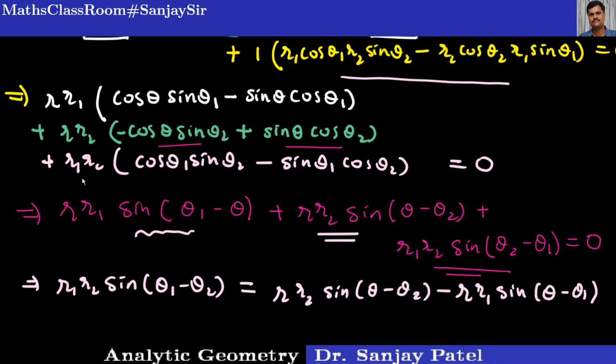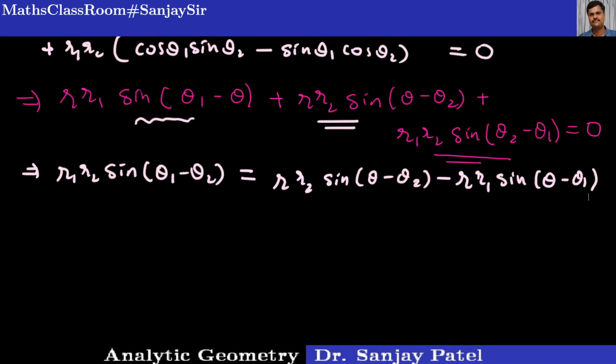What remains is that we have to divide this whole equation by something, and that something is r1 and r2. Let us divide this whole equation on both sides by r1 r2. What will happen if I divide the left hand side, r into r1 into r2? r1 r2 will be cancelled and you will be left with r in the denominator.